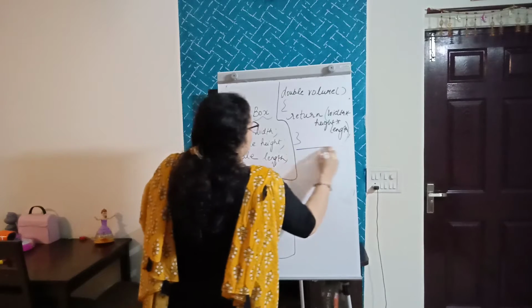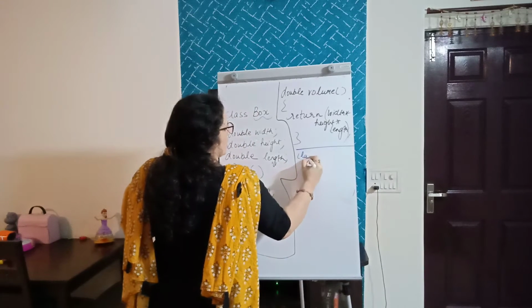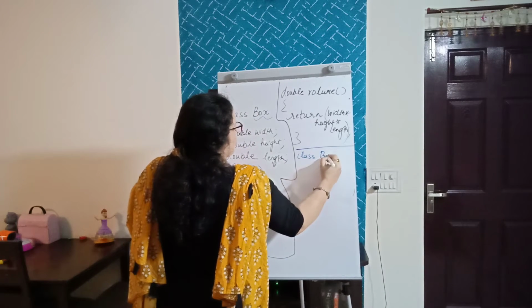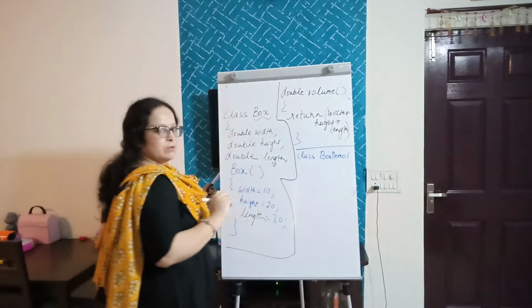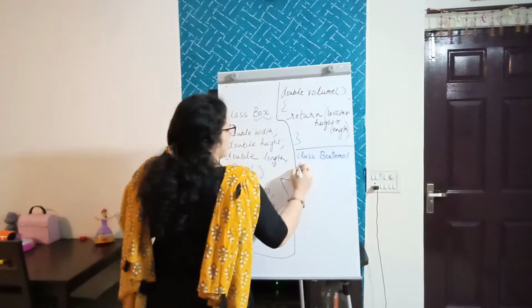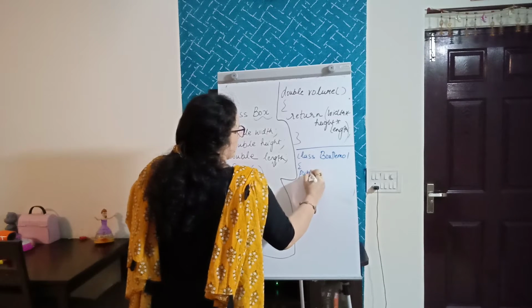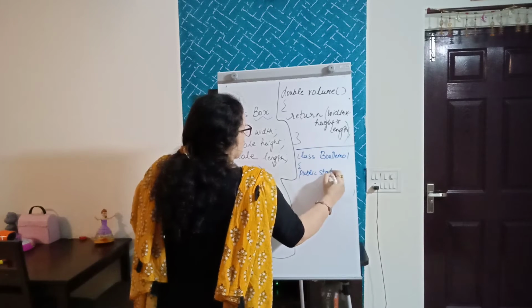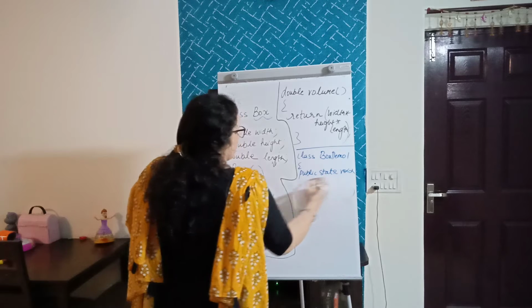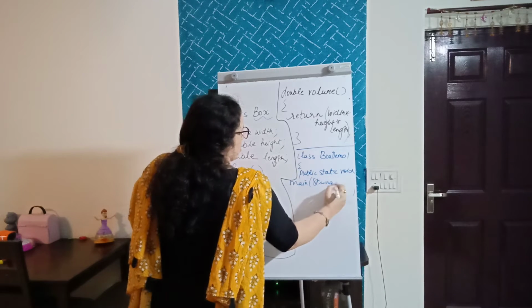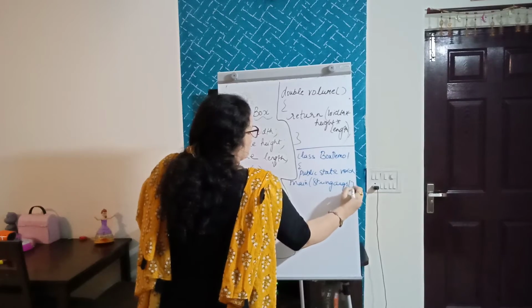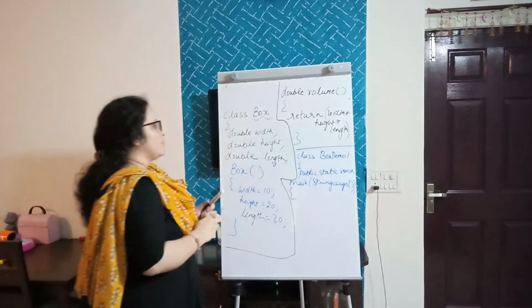Let's say we have kept the name of the class as BoxDemo1. In this class we will take public static void main string args. This will come as it is within the curly bracket.